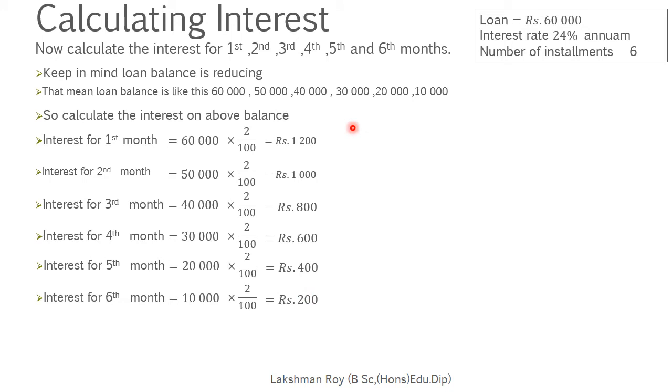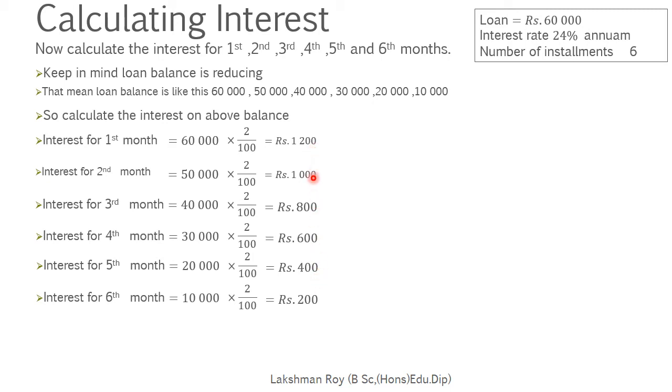Here I take the example, balance is paid within 6 months. You can see here interest is also reducing. So understand carefully, in every month interest is not the same, that is also reducing.